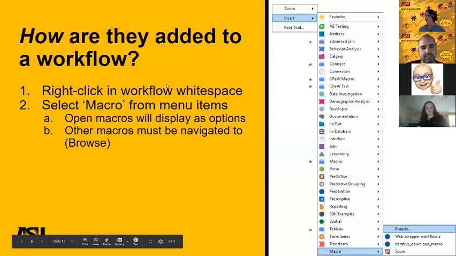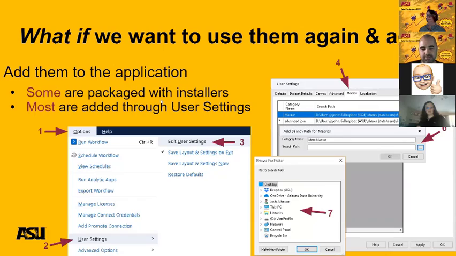Now, if you find that tedious to do over and over, you can actually go into your user settings, and there's a little macros tab in here, and you can map the folders on your computer or network drives to actually populate within Alteryx.